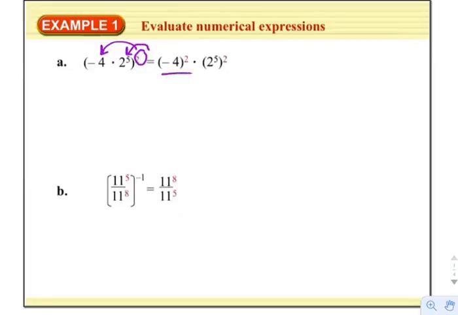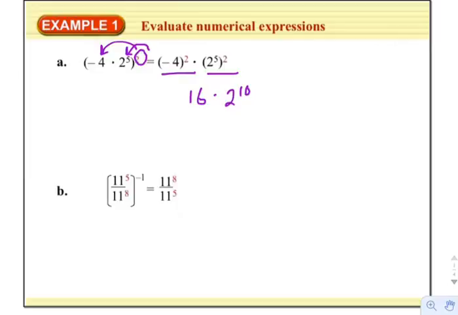So I've got negative 4 squared, 2 to the 5th squared. And as I continue, I can go ahead and simplify even further and say negative 4 squared is 16 times 2 to the 5th and then squared again is actually 2 to the 10th.